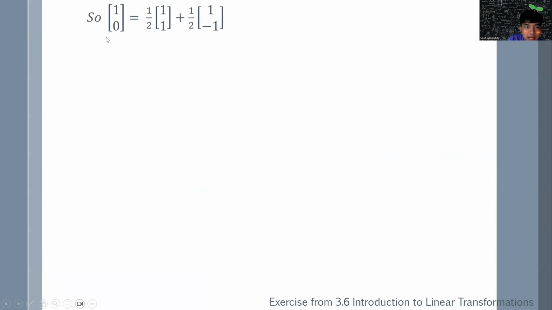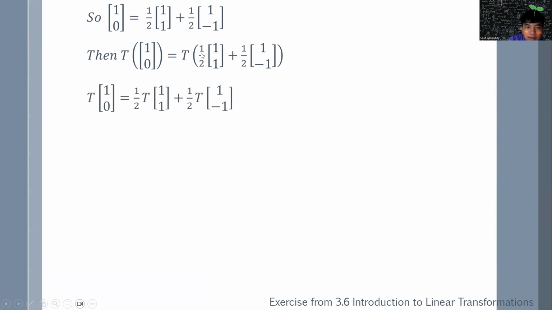So I can write the span in this format, and then I apply the transformation on both sides. Since 1/2 is a coefficient, I can bring it in front. We know that T(1, 1) and T(1, -1) are already given, so we plug them in here, and we end up with (1, 4).